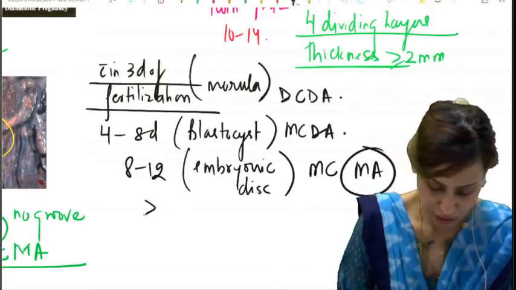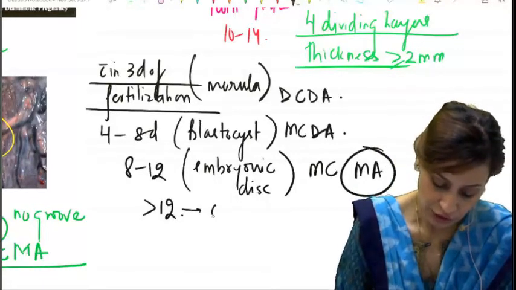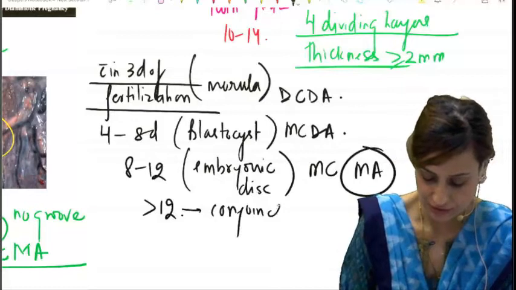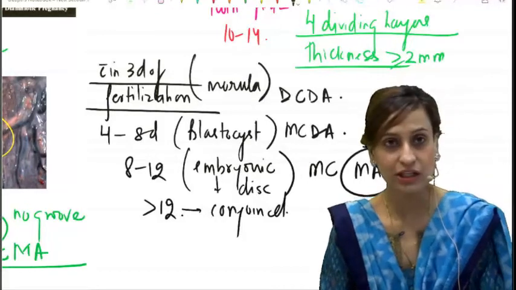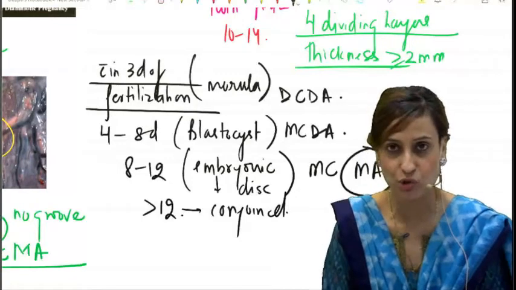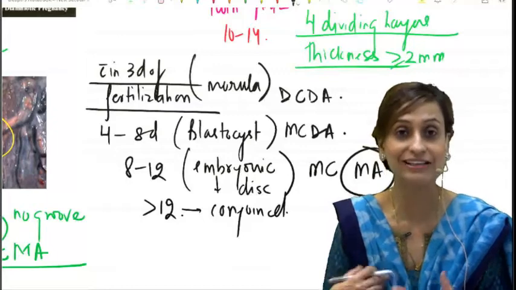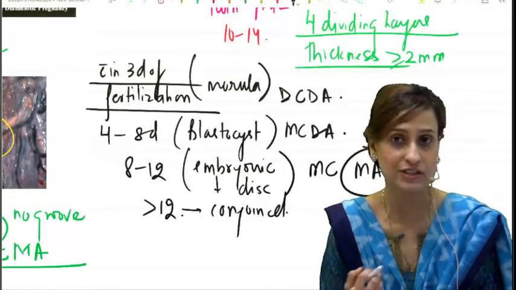So beyond 12 weeks, it is going to be conjoined twins. So beyond the embryonic disc, it can be monochorionic monoamniotic, or it can be conjoined, depending on whether they are joined at some point or not. That's yet another way of commenting on chorionicity and amniosity.